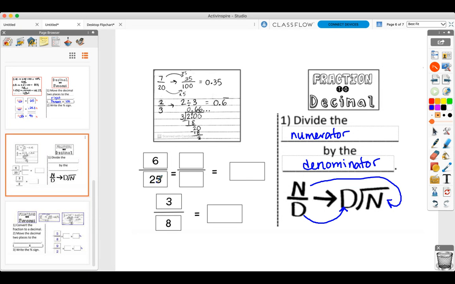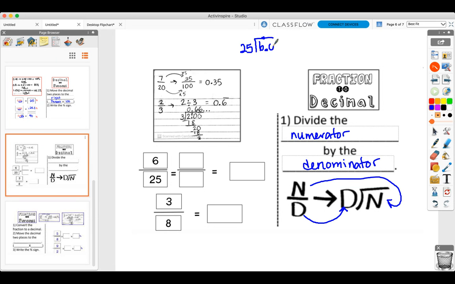So 6 over 25. I'm going to do it over here because of space. 6 divided by 25. And then 25 does not go into 6, so we have to put a decimal here. And remember to put a decimal on top.